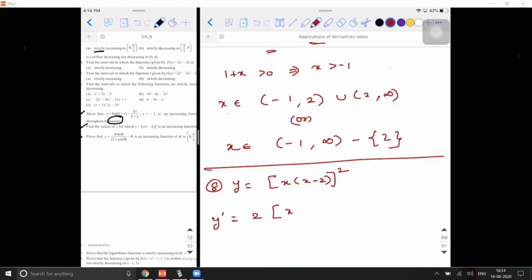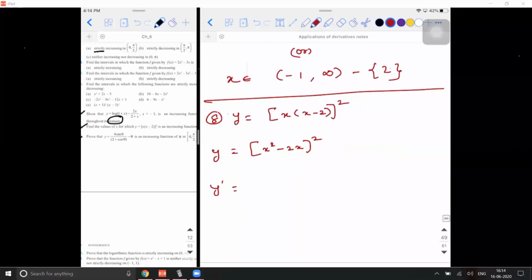So I'll write it like this. It is x square minus 2x the whole power 2. So I'll write y like this.